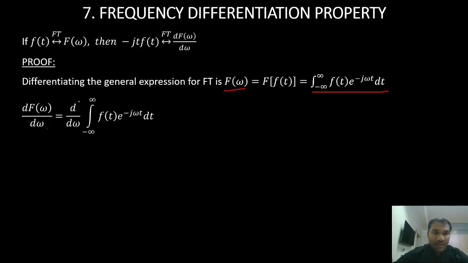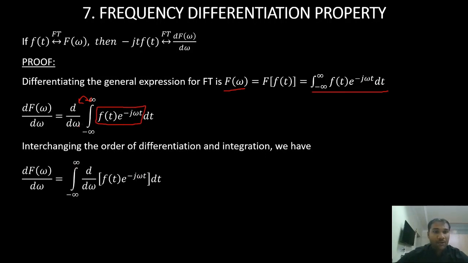So I'll interchange differentiation and integration, and I will differentiate this signal with respect to omega, right? f of t is a constant with respect to omega. So I can bring it outside the differentiation. And d by d omega of e power minus j omega t is nothing but e power minus j omega t into minus jt, right?